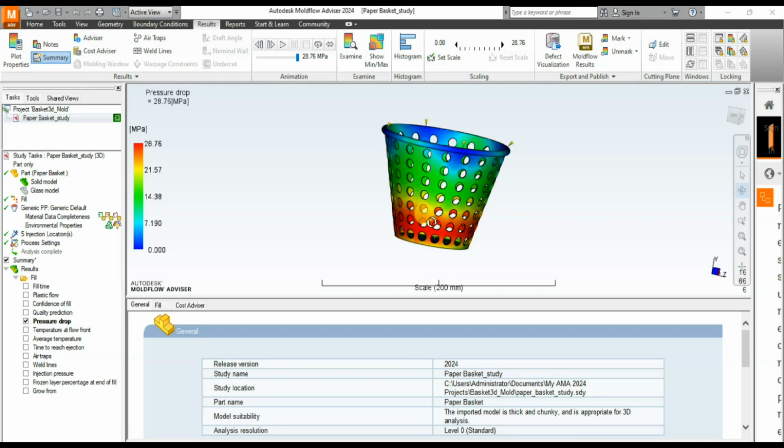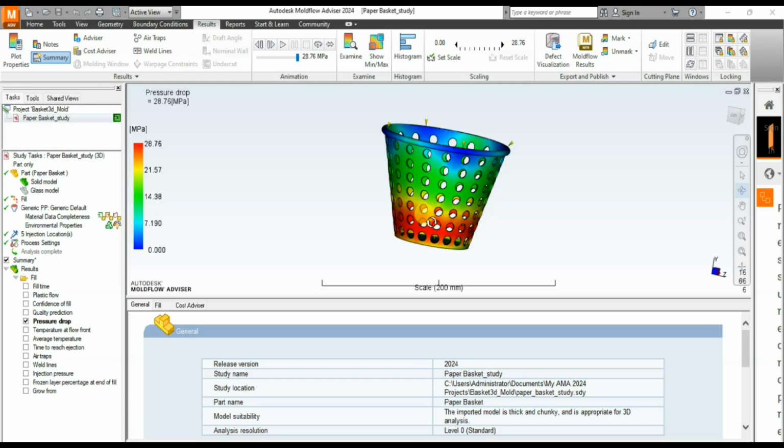What it means is that if the default value of 180 for the maximum injection pressure limit is higher than the actual molding capacity, the confidence of fill result will be better than is actually expected. So the default value for the pressure settings is very, very critical, and it also affects the confidence of fill results. So that's what we should also take note of here.